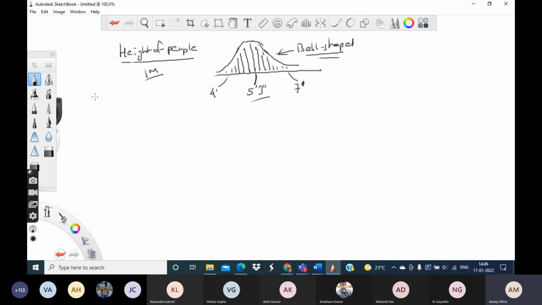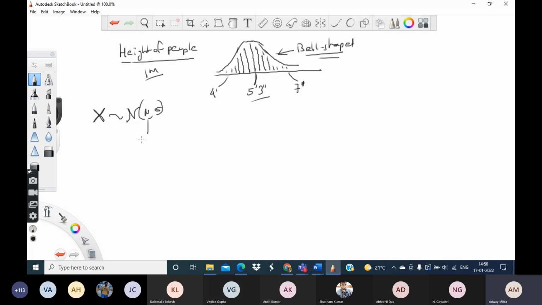So suppose we assume that the variable in question, namely the height of the people, is actually a random variable x. On seeing this kind of bell-shaped curve, we will be tempted to say that it follows the Gaussian distribution, which is parameterized by two things, mu and sigma.